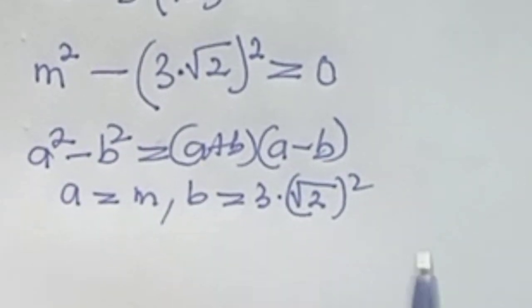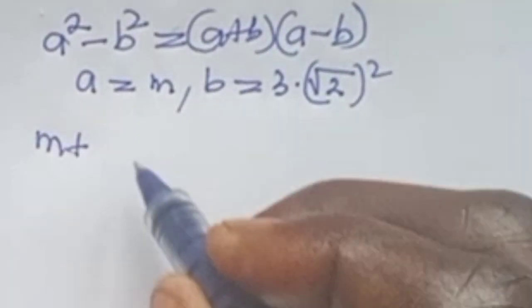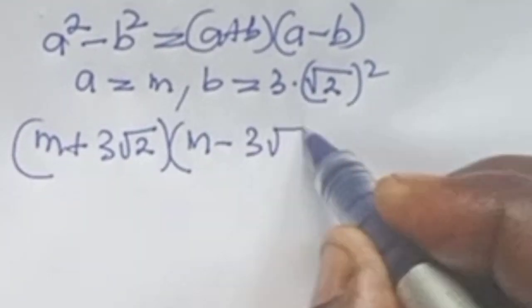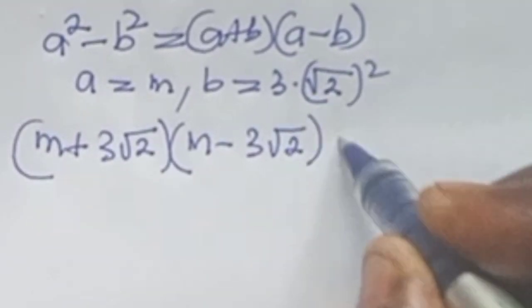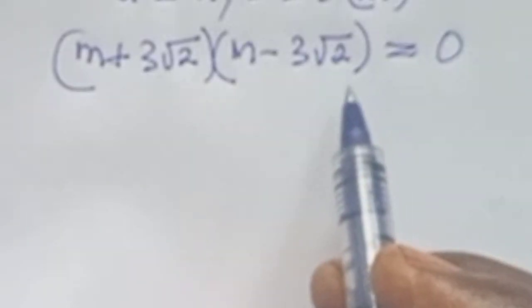And the next line becomes m plus 3 square root of 2, close the bracket, and m minus 3 square root of 2. This is all equal to 0. Again, we end up having two cases.